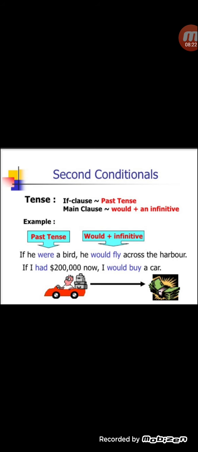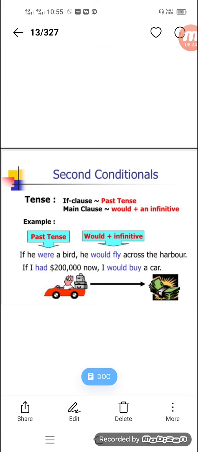Okay, here we can see if he were a bird, he would fly across the harbor. Here we can say that these sentences are imaginary. These sentences are called improbable sentences.